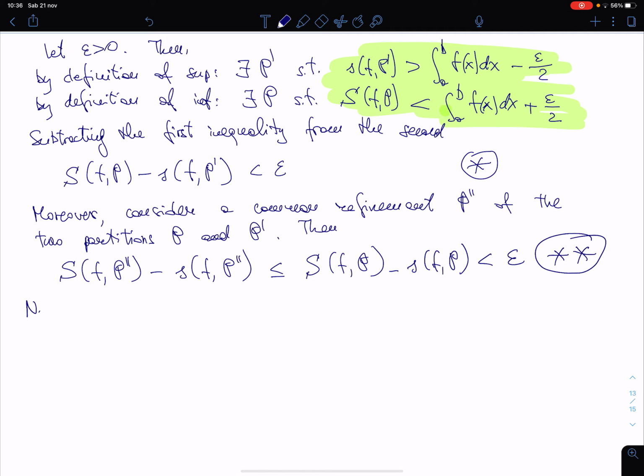Now we start from two asterisks and prove the integrability of f. So we close everything.